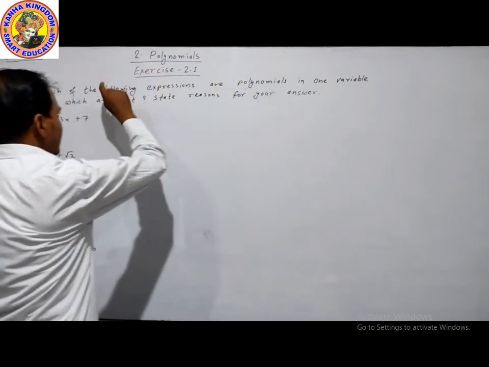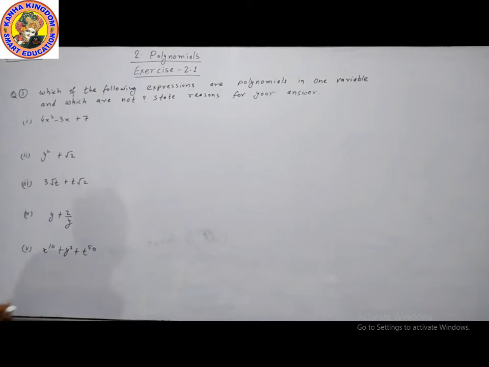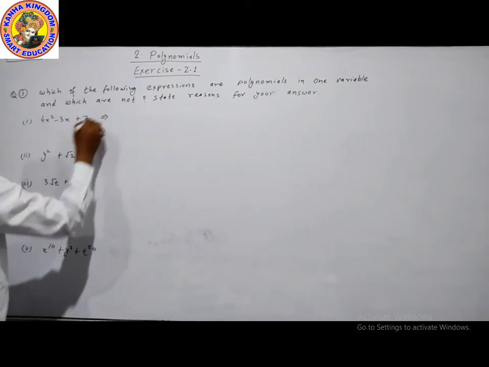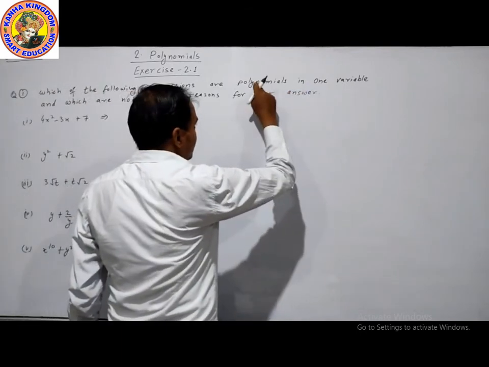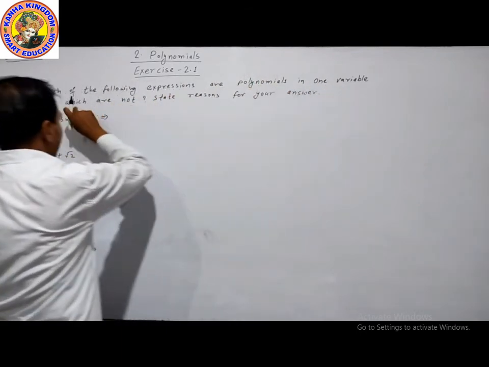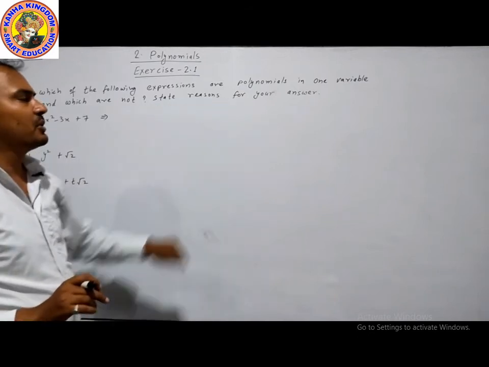Which are polynomials in one variable and which are not? Variable is our x, y, z, etc. State the reason for your answer.